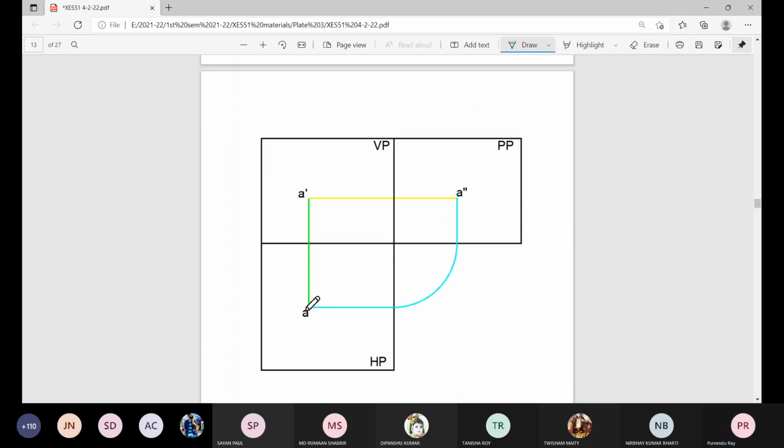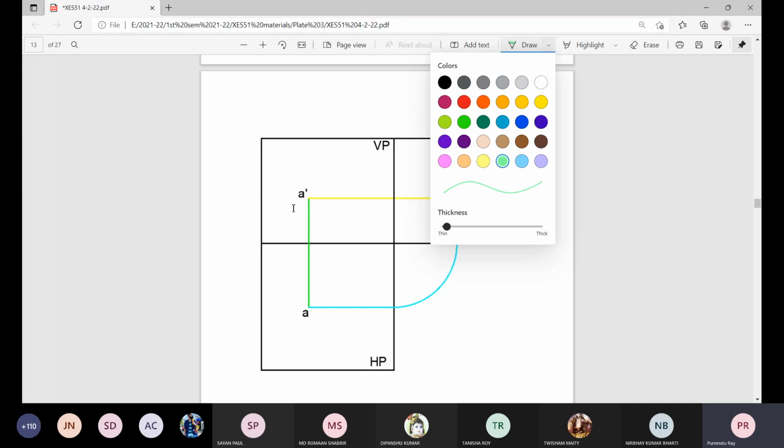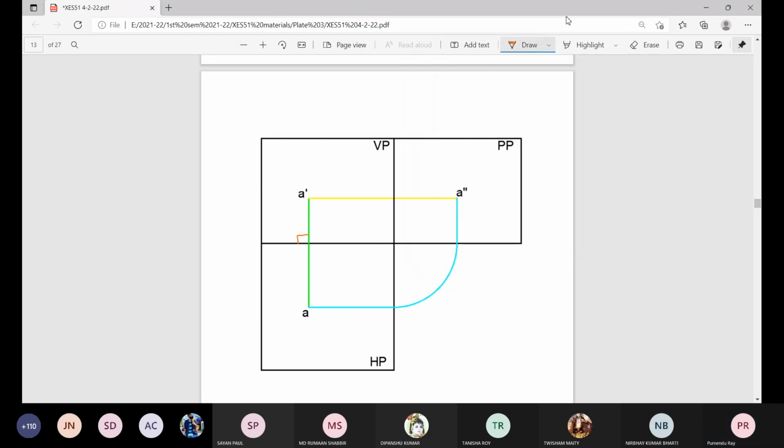So plan and elevation are connected by a single common line, which is called the projection line, and it is a straight line at an angle of 90 degrees. And this line is the XY line.